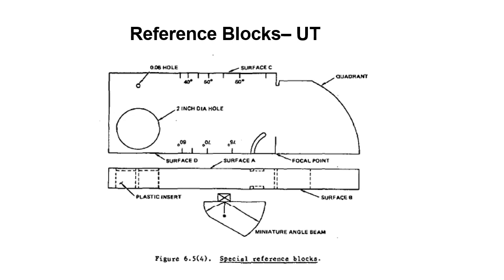There's various sizes, and it tells you angles and whatnot, but there's a lot of these different blocks, and this is a reference block that you can use to calibrate UT. And I'm not an expert on this, so I can't give you a lot of information in regards to what exactly they do with these, but it is a reference block, and there are a lot of different sizes and uses depending on which code you're using and what you're looking for.